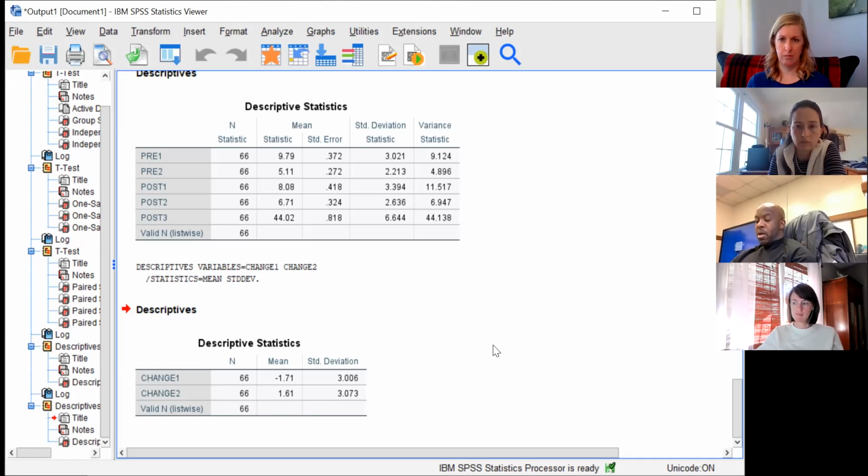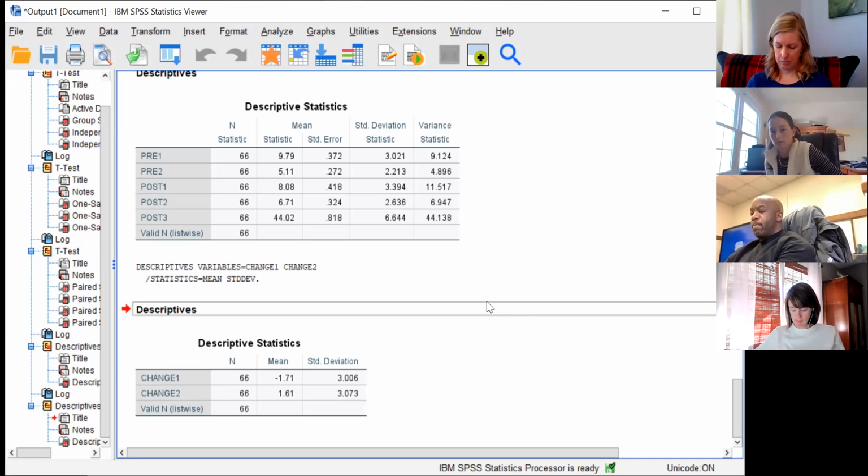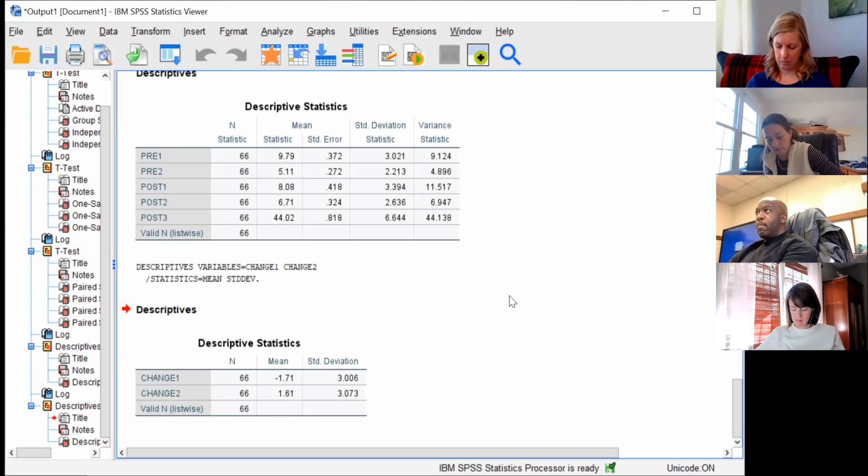Sometimes people assume the minimums and maximums is the middle 95. No, it's got to be 2 standard deviations above, 2 standard deviations below the mean. But once again, I'm assuming there is no issue there.